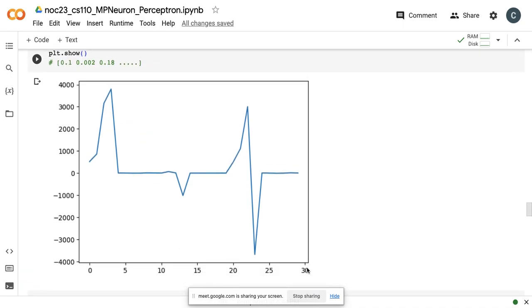So this 30 is the number of features, and the y-axis is the weights you are assigning to each and every feature. For feature number 4, let's assume, you might be giving a weight of 3000 or 4000, and for feature number 23 maybe minus 3800.